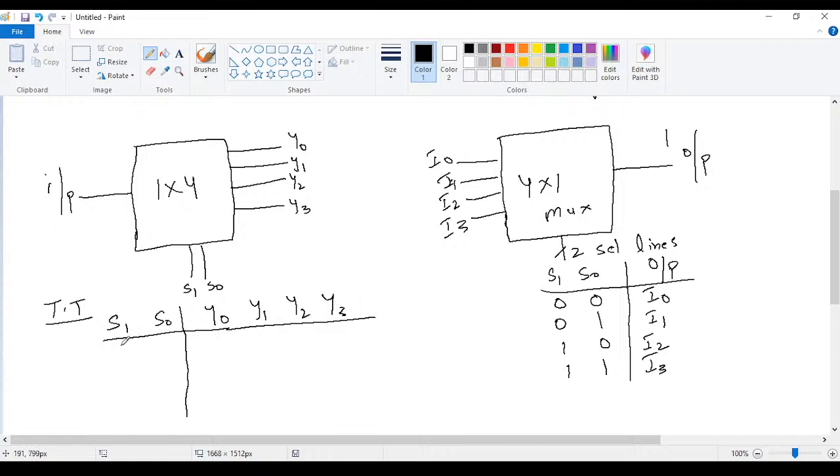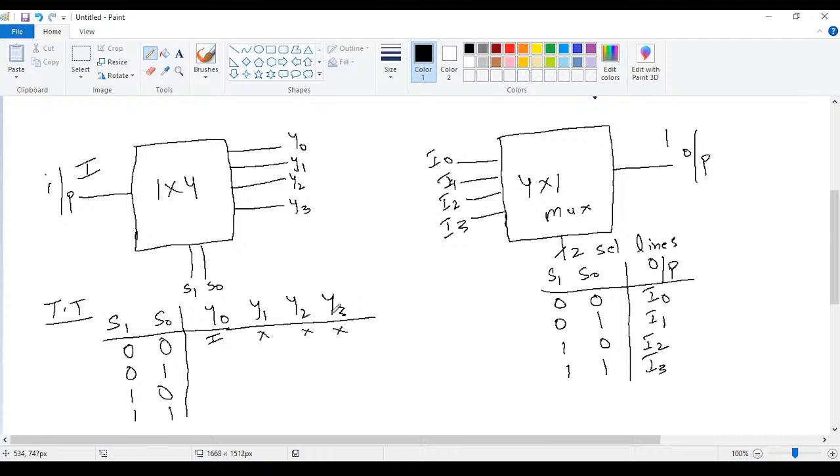Now we go for the input values: selection lines 0 0, 0 1, 1 0 and 1 1. When you are given 0 0, what happens? Let us take I as the input. So I will be going to Y0, and the remaining will be don't care conditions.